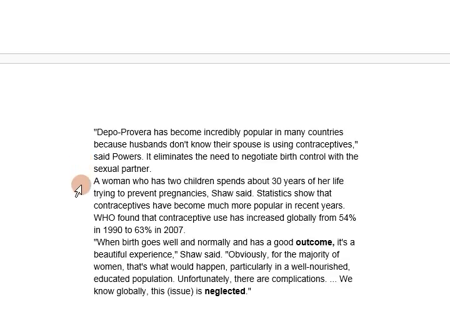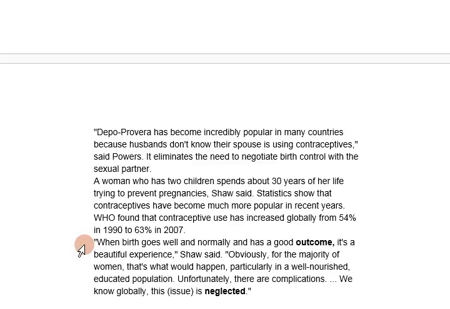A woman who has 2 children spends about 30 years of her life trying to prevent pregnancies, Shaw said. Statistics show that contraceptives have become much more popular in recent years. The World Health Organization found that contraceptive use has increased globally from 54% in 1990 to 63% in 2007.